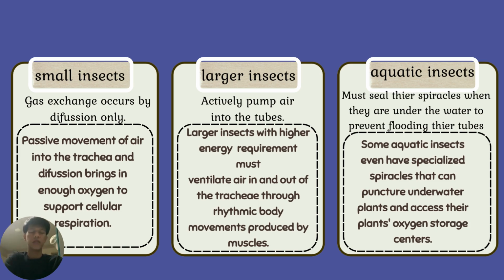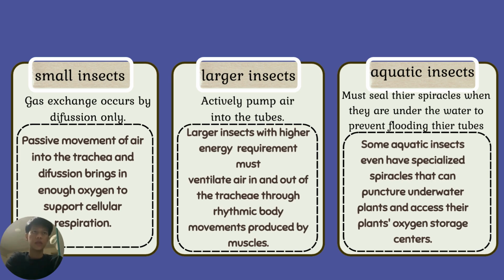Insects are divided into three groups. First of all, small insects. Gas exchange occurs by diffusion only. Passive movement of air into the trachea and diffusion brings in enough oxygen to support cellular respiration. Next, larger insects actively pump air into the tubes.